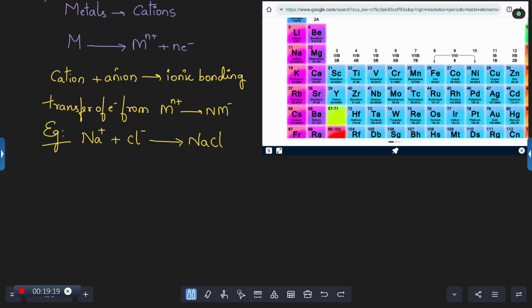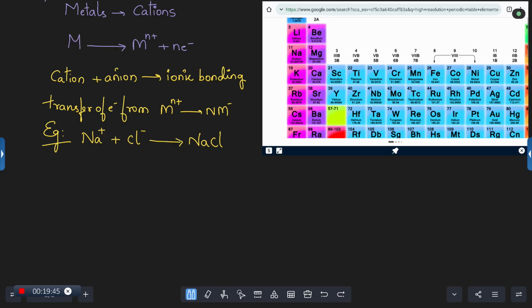Okay. Right? Statement. S-block elements mostly form what compound? Ionic compounds.